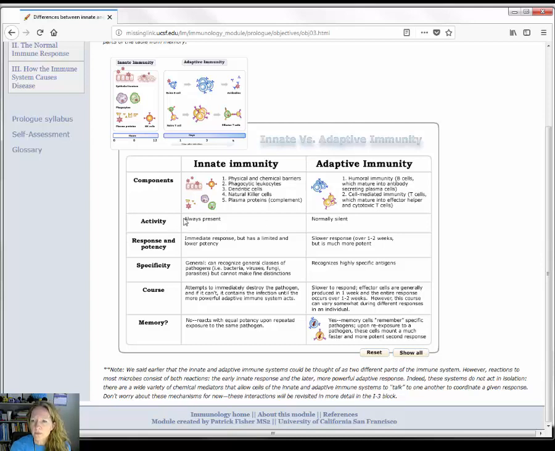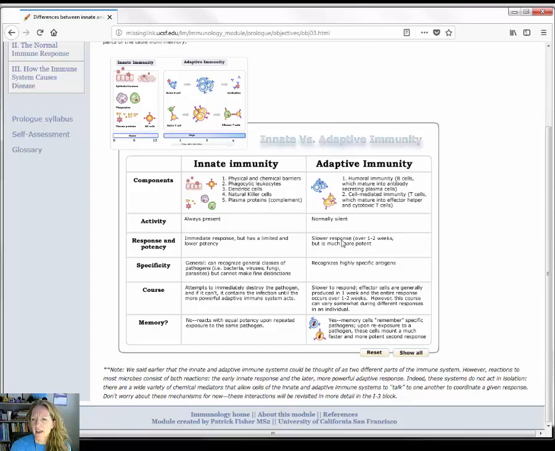Again, as far as activity, the innate immunity is always present, but with adaptive immunity, these T cells and B cells are normally just hanging out in the secondary lymphatic structures, and they're usually silent. They have to be exposed to an antigen first, and then that's when they become active.